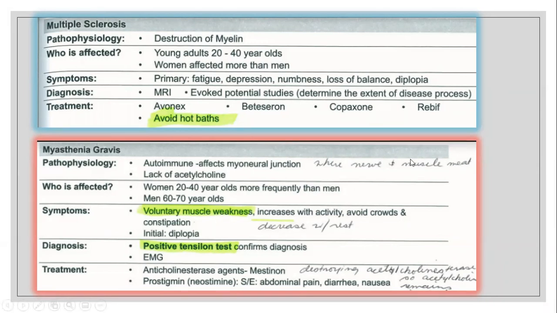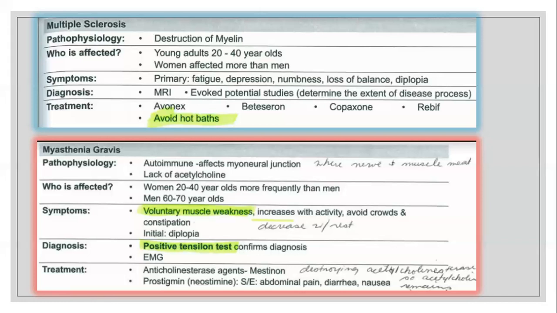Also, double vision, like here, right? The initial symptom is typically specific muscle weakness and fatigability rather than generalized weakness. Weakness is worsened with exercise and as the day progresses. So tell your patient to take adequate rest, right?